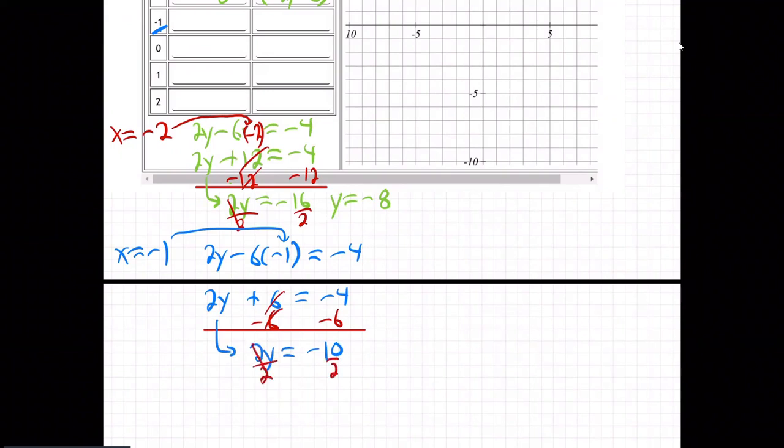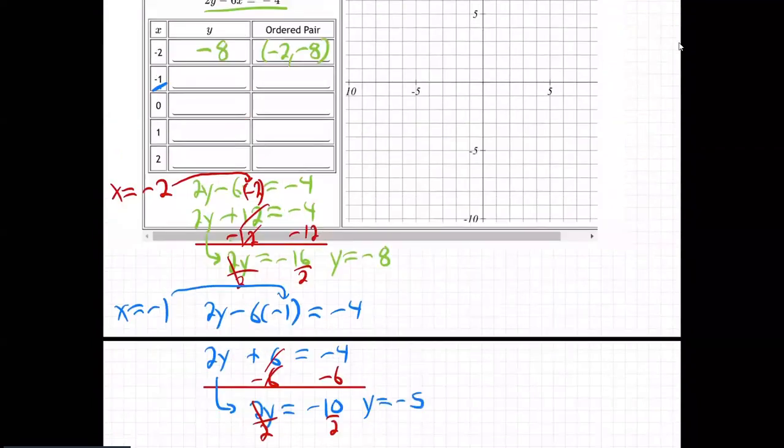Divide by 2. Y is -5. So that's the point (-1, -5). Does that make sense? We plugged in X is -1 and solved for the Y that goes with it, and it came out to be -5.